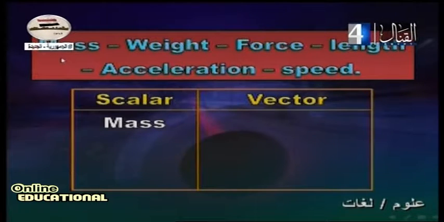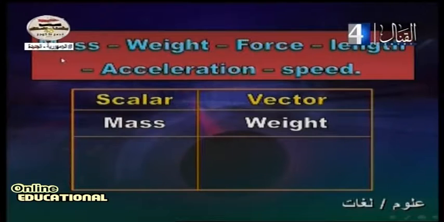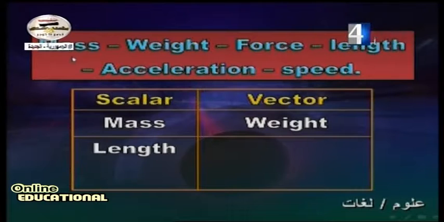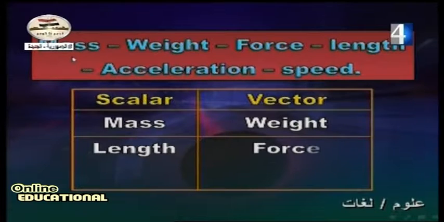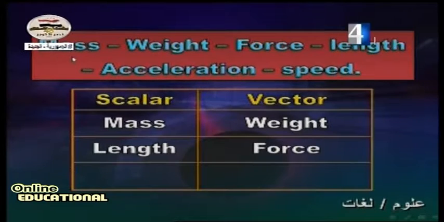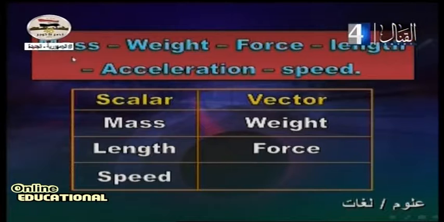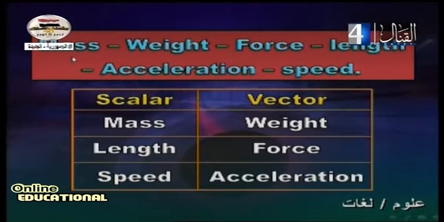Mass is a scalar physical quantity, but weight is a vector. Length is a scalar physical quantity for the same reason, because length has magnitude only, but force has magnitude and direction. Speed is a scalar physical quantity, but acceleration is a vector physical quantity.